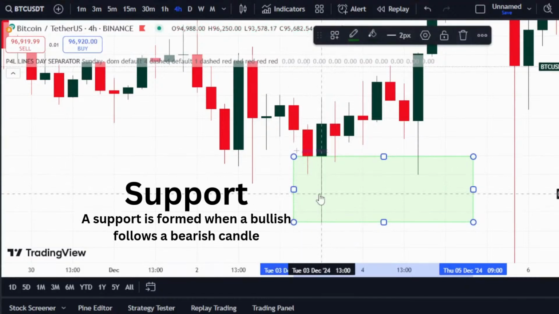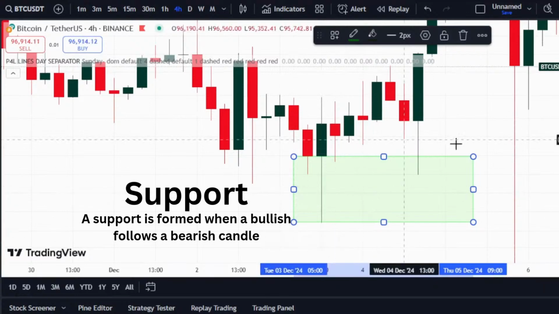Now, this is for people who trade using support and resistance, SNR. So all of this place is considered.